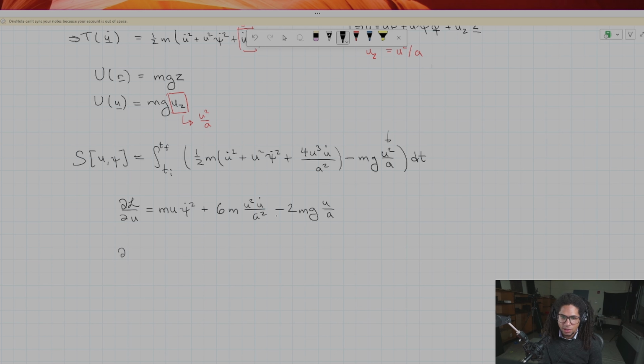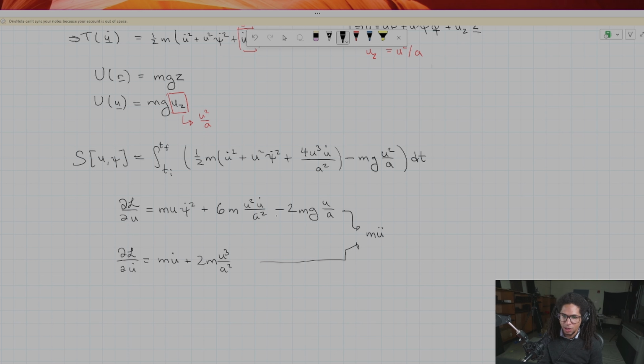Okay, now dL/du dot is equal to m u dot as the first term. Next, I get something from this. So here I'm going to get 2 m u cubed over a squared. And now let me get my Euler-Lagrange equation from these. So I need to take a time derivative of this, right?